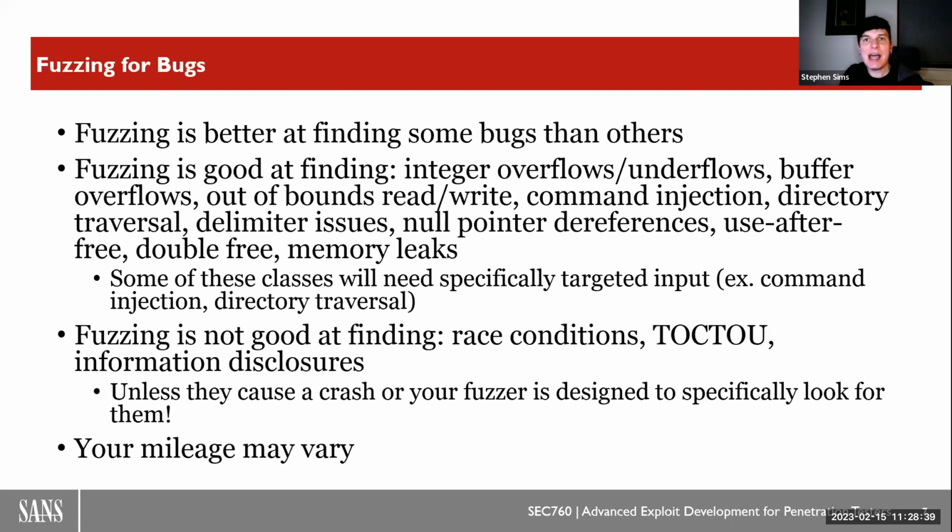Like, that's how we know something crashed. That's how we know our fuzzer did something, because the process crashed or it stopped responding. Some bugs, though, they don't cause a crash. A perfect example is certain types of information disclosure bugs, memory leaks.